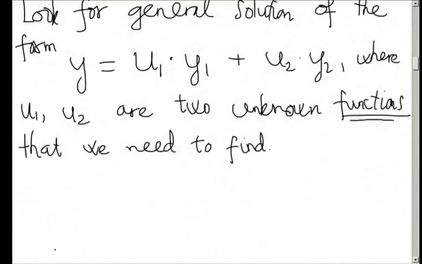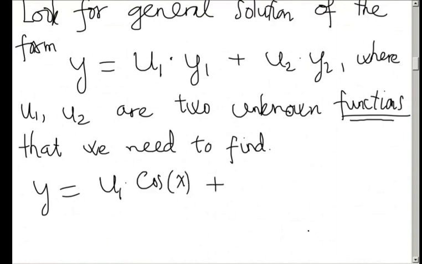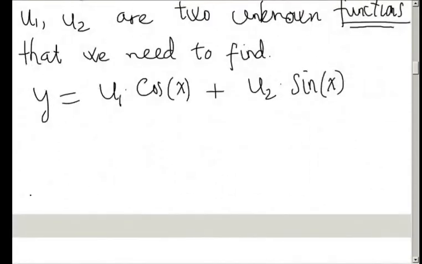Now, keeping in mind what y1 and y2 are, we have y equals u1 times cosine of x plus u2 times sine of x. Let's take the derivative. Because u1 and u2 are functions, we need to use the product rule here.